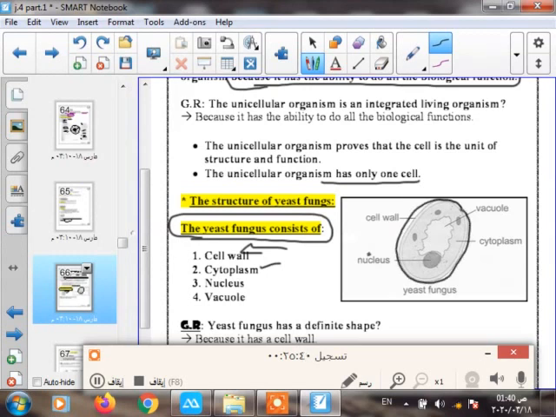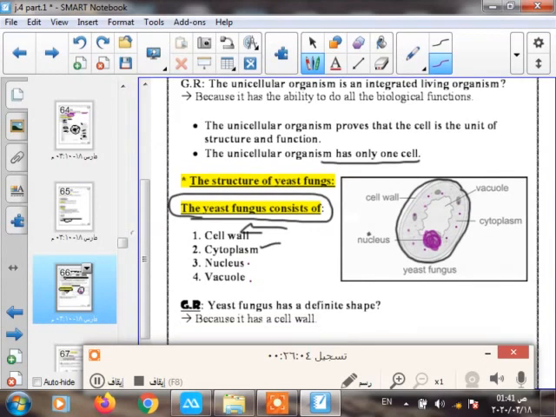Then we have a fluid which is called cytoplasm. Then we have the nucleus. And we have a big space which is called the vacuole. It's a very easy cell. Yeast fungus cell.